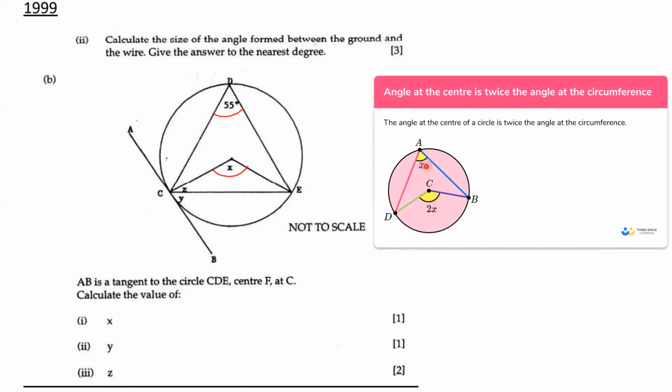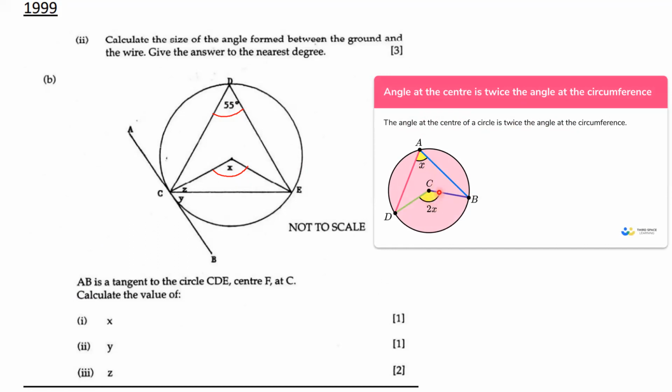So if the angle at the circumference is 10, then the angle at the center is 2 times 10, which is 20. If the angle at the circumference is 50, then the angle at the center is 2 times 50, which is 100. And if the angle at the circumference is 30, then the angle at the center is going to be 2 times 30, which is 60.